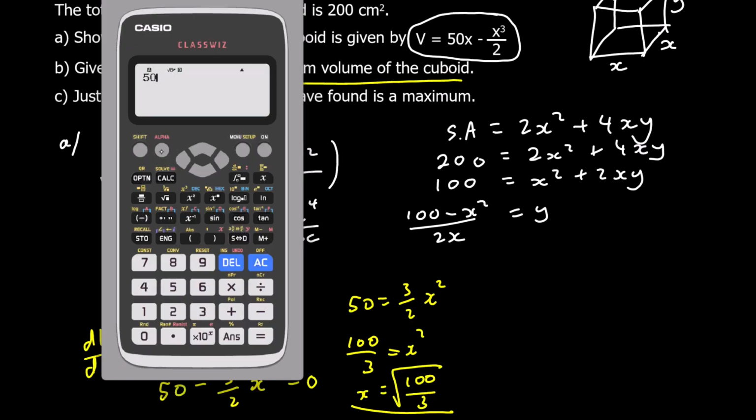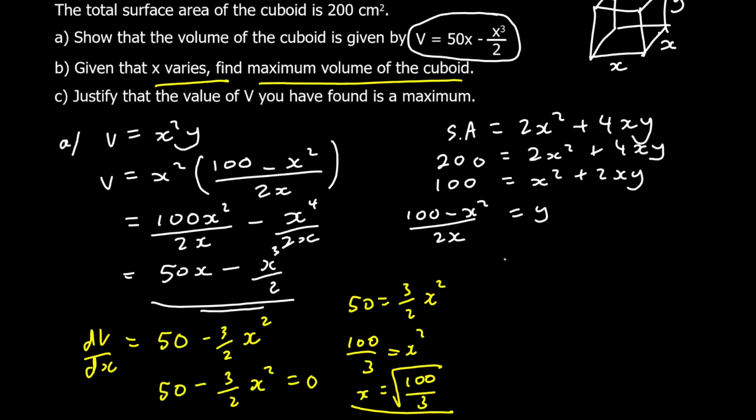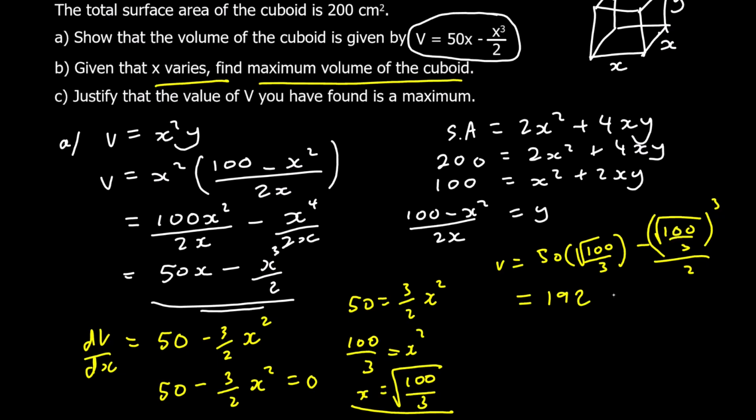So 50a minus a cubed over 2, 192 centimeters cubed.